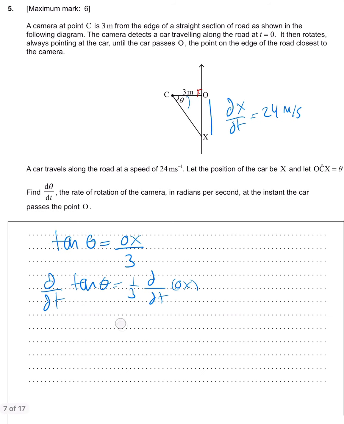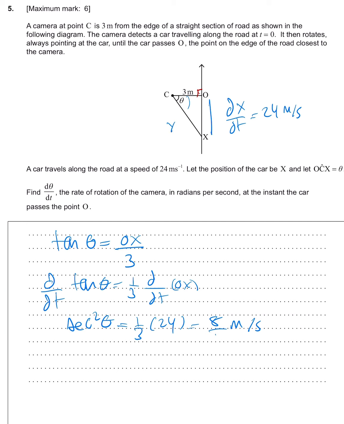So this is equal to 1/3 times 24, and this is secant squared of theta, equals 8 meters per second. Now we want this, that's in general. Wait, so it's always that? That's surprising.